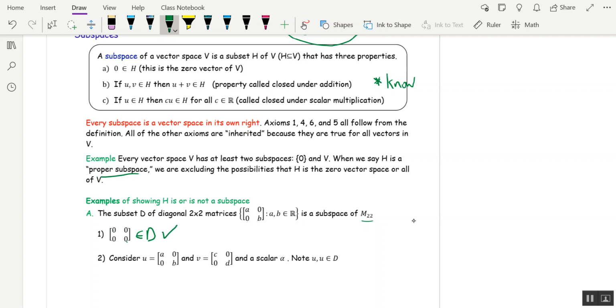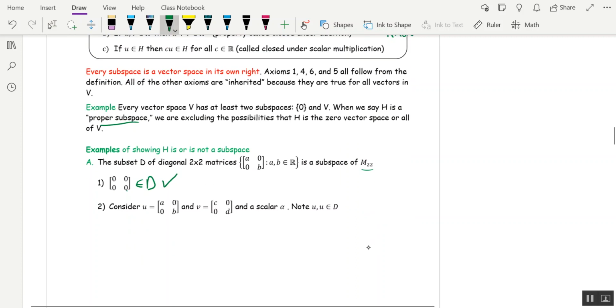So that works. Now I take 2 diagonal matrices, U and V, and this is a typo, that should be V. They're diagonal. I have to show their sum is in D, so that would be axiom B. U plus V is A0, 0B plus C0, 0D.